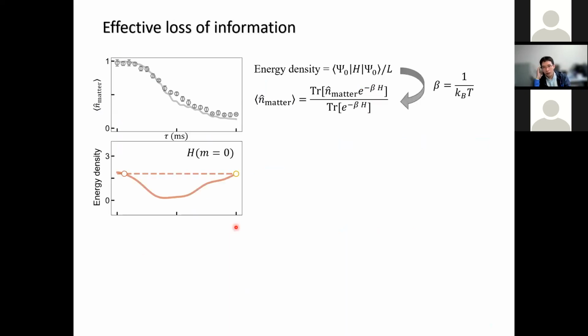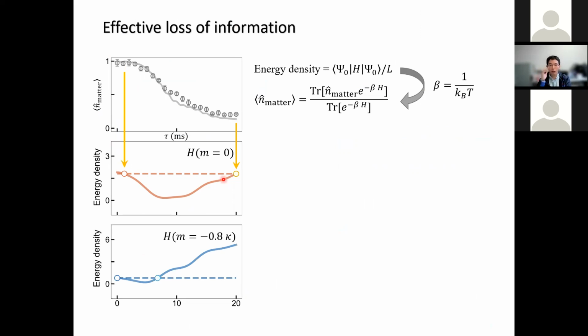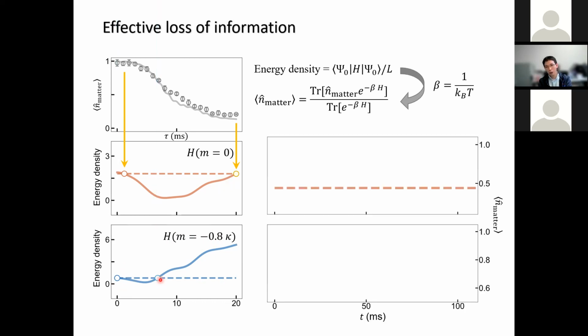So we can identify, for example, here, two states with the same energy density. And now if we quench, of course, we can choose a different Hamiltonian, and they will correspond to two different initial states. And we can calculate, with this energy density, what the thermal ensemble prediction is.